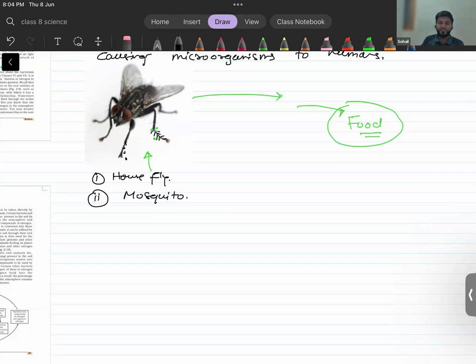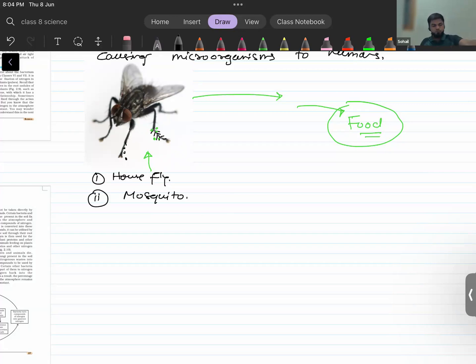Name some of the diseases spread by mosquitoes. Which is the most common one? Malaria or dengue. Do you guys know the name of the mosquito who's responsible for spreading malaria?